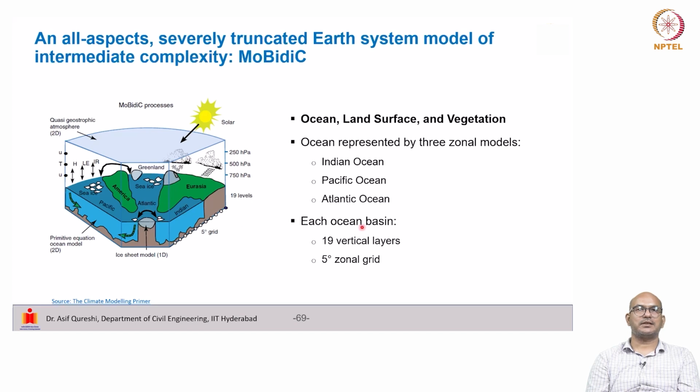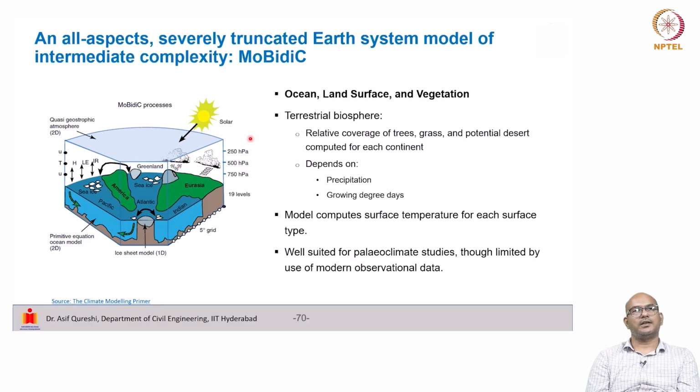Each ocean basin has 19 vertical layers and a 5-degree zonal grid. The terrestrial biosphere covers the coverage of trees, grass, and desert, and the relative coverage is computed for each continent, and it depends of course also on the precipitation and the growing degree days.